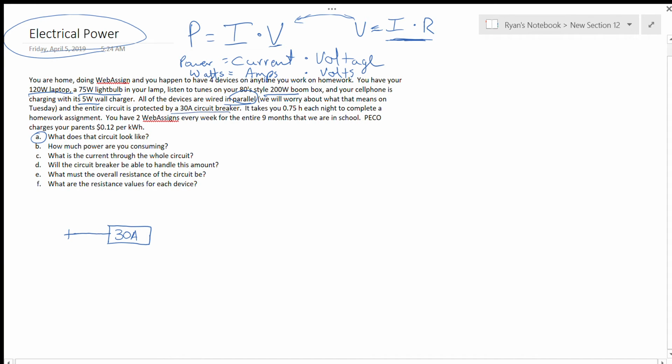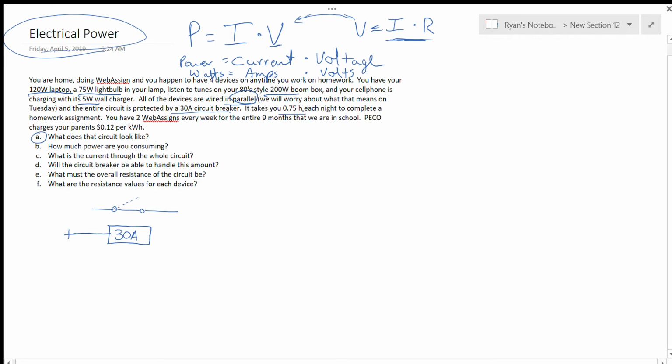A circuit breaker acts like a switch, so it just sits there and it just waits until the current peaks above 30. When that happens, it goes from being a closed switch and it pops open and becomes an open switch if the current peaks above 30 amps.